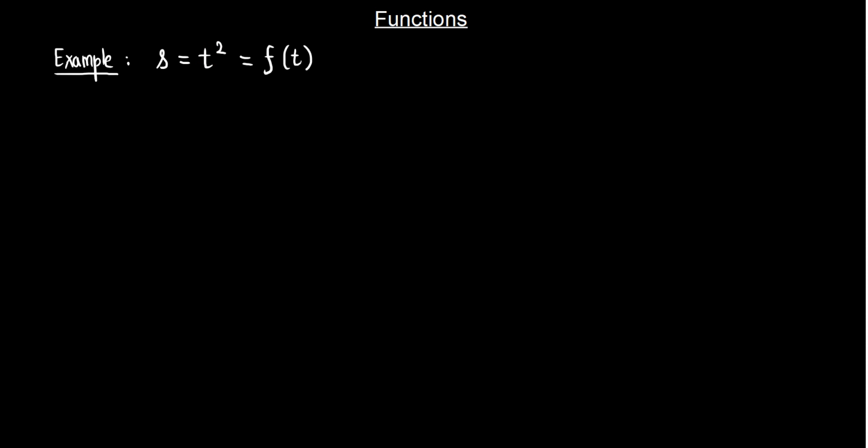Let's take some values of t. Say for example, 1 will get squared to 1. Say for example, 2 gets squared to 4.